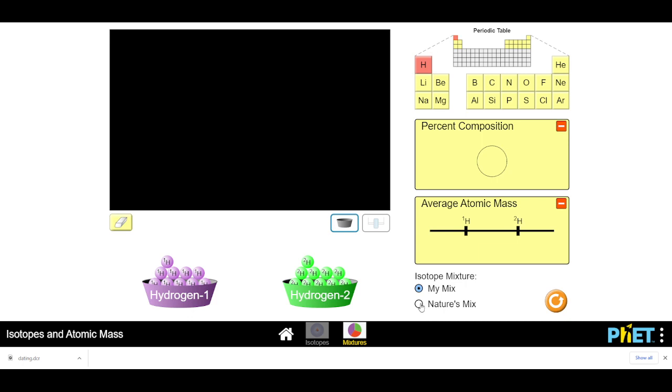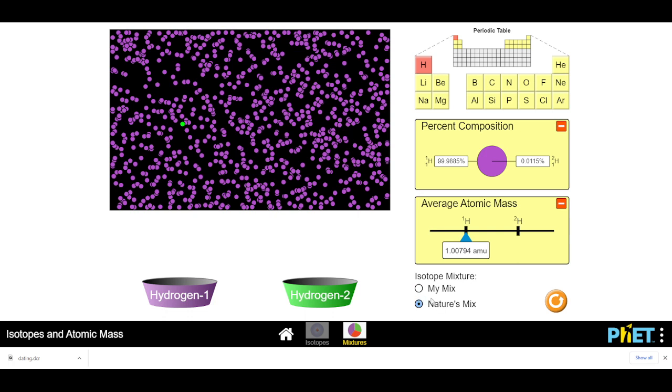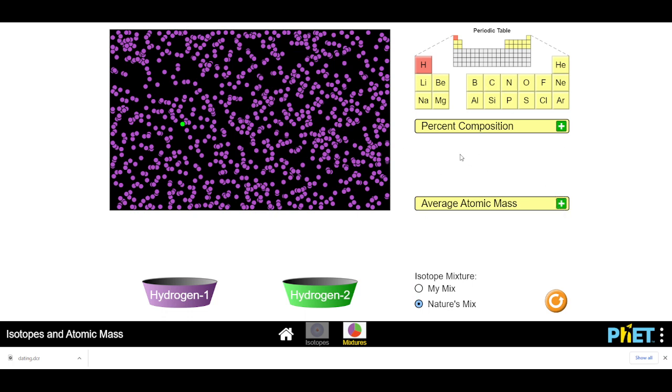Okay, water as well. So Nate, I want you to click on Nature's Mix for this one. So we're going to do the same thing. You can close this off if that's busy. We're not really going to look at those because this picture is worth 1,000 words. The purple is the hydrogen 1, which is stable. We also knew hydrogen 2 is stable as well.